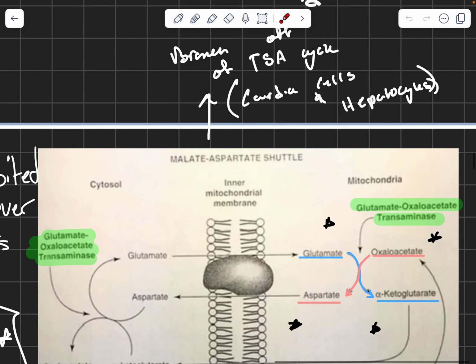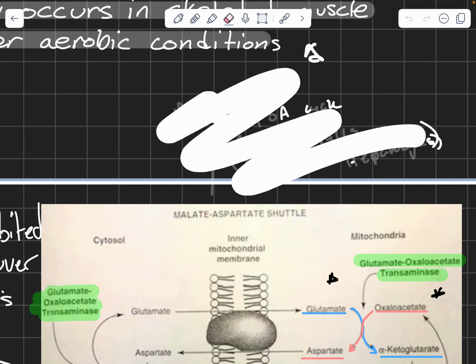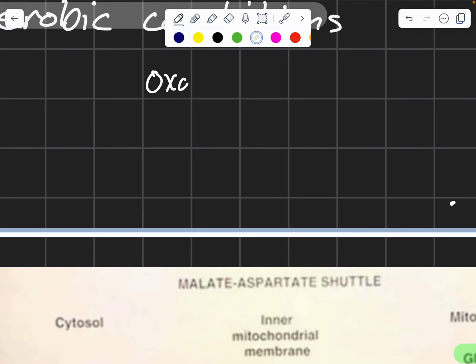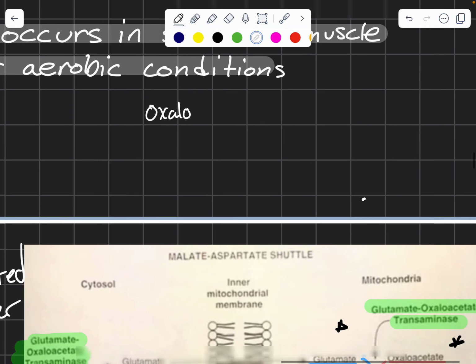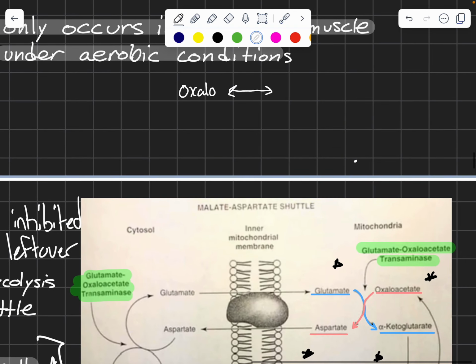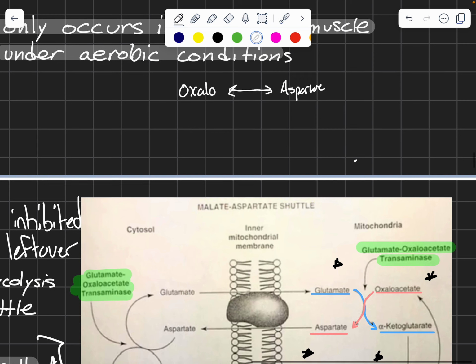What we really need to know, when we were talking about transamination reactions, for our own knowledge, is that we just need to remember a couple of changes. Let's refer to oxaloacetate, and this arrow will just represent a transaminase reaction. So oxaloacetate is synonymous with aspartate. When it goes through a transamination reaction, it will transform into aspartate, and likewise for aspartate. If it goes through a transamination reaction, it will go back into oxaloacetate.